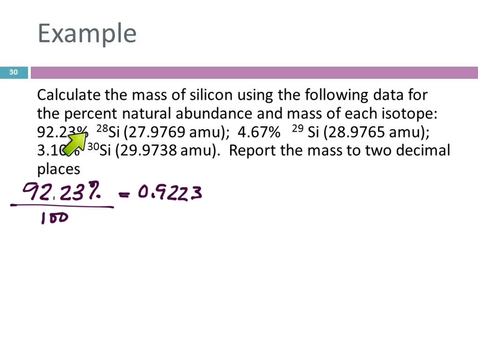So I'm going to take this percent converted to a decimal and multiply by the mass of that isotope, which is given right there, 27.9769 AMUs. And then I'm going to add the percent of the second one.